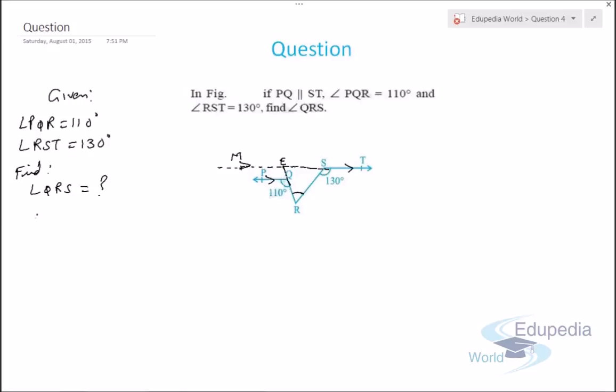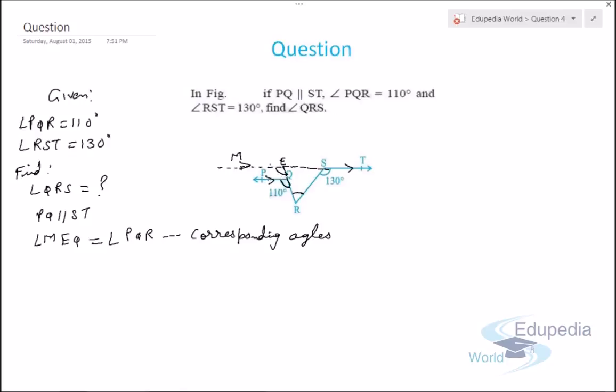It's given that PQ is parallel to ST, so we can say that angle MEQ is equal to angle PQR. Why? Because they are corresponding angles. See, you can see that this angle 110 and this angle, MEQ and PQR, both are equal.